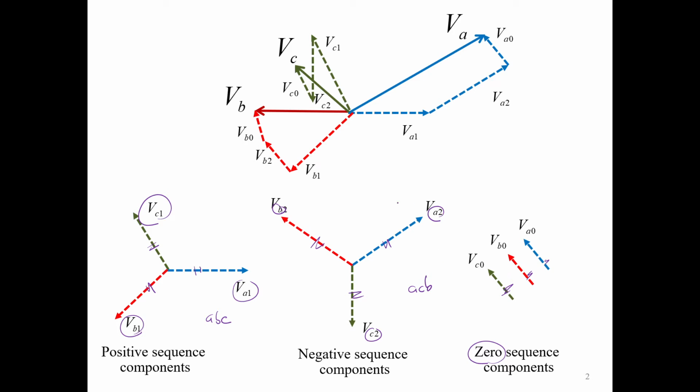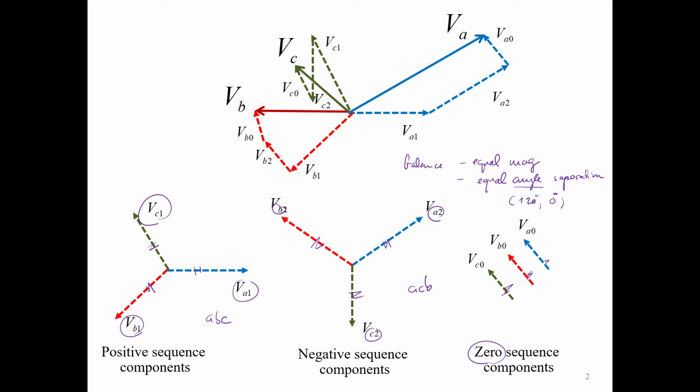So the concept of balance means equal magnitude for the phasors and equal angle separation. This angle separation can be either 120 or 0.